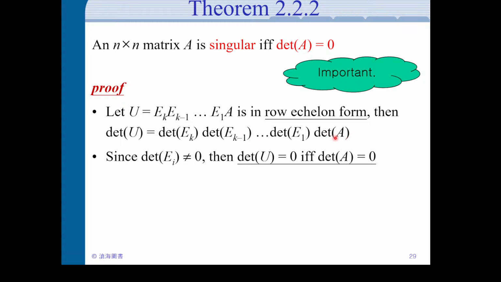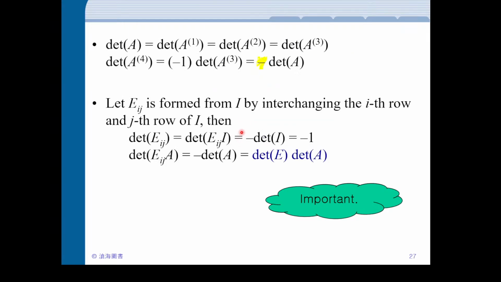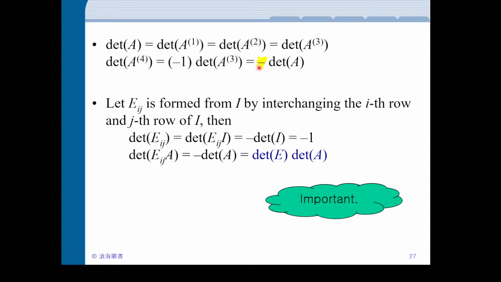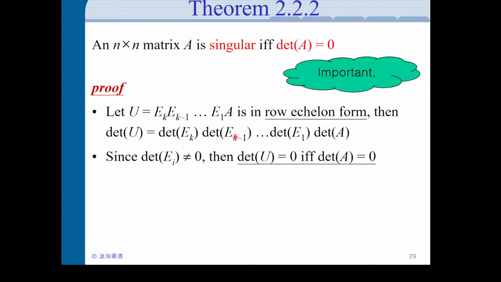Those E_k have nonzero determinants, because we already saw that for the different types of row operation they are all not equal to 0. For the first kind of row operation the determinant is -1, the second is alpha with alpha not equal to 0, and the third is 1. So all those are nonzero, and the determinant of U equals 0 if and only if the determinant of A equals 0.